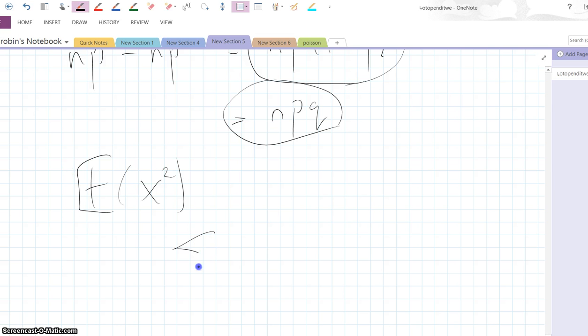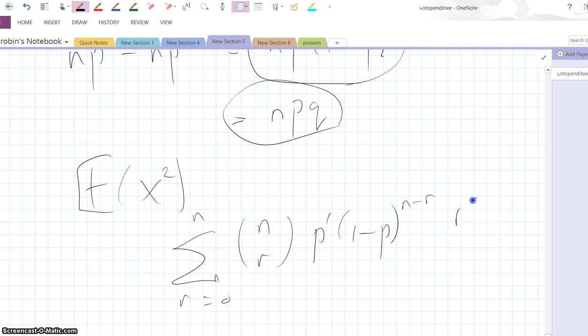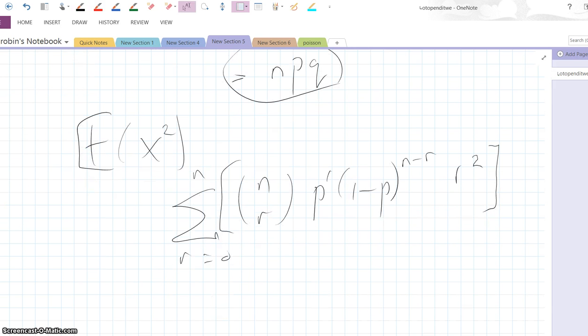Well, what we want is the sum over r equals 0 to n of n choose r, p to the r, (1 minus p) to the n minus r, times r squared. All this guy in brackets here. Now that is a pig to do. You can do it algebraically, but my goodness me, it is a pain in the neck.